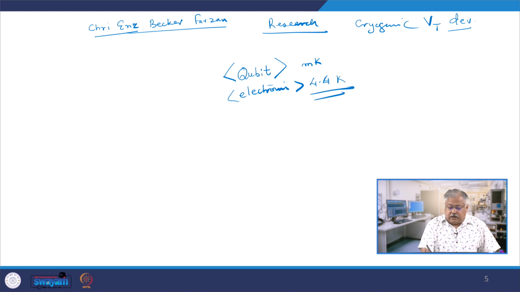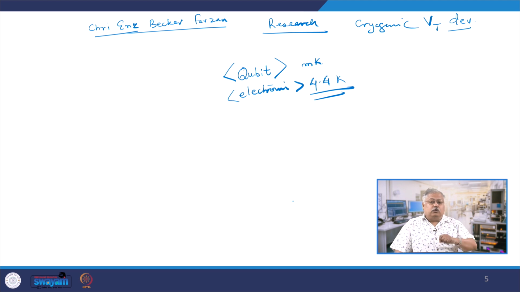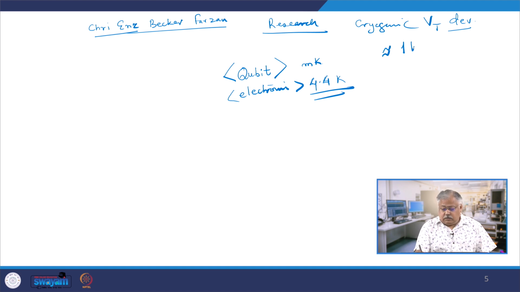Even to maintain such a low temperature, your power consumption should be as low as possible for the CMOS circuitry. Typically, what people have reported is that a power consumption of 1 watt at 4.2 Kelvin is an acceptable limit.